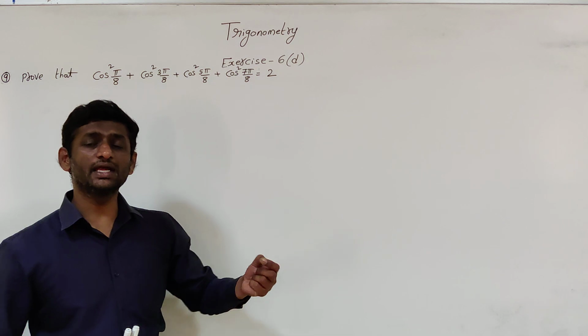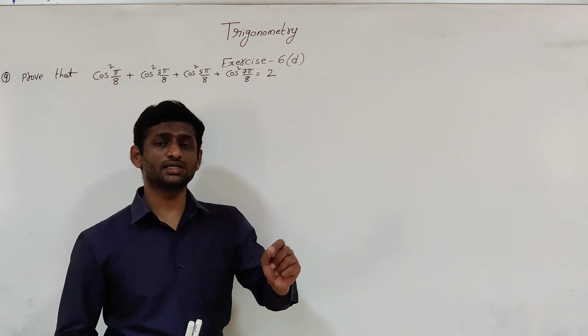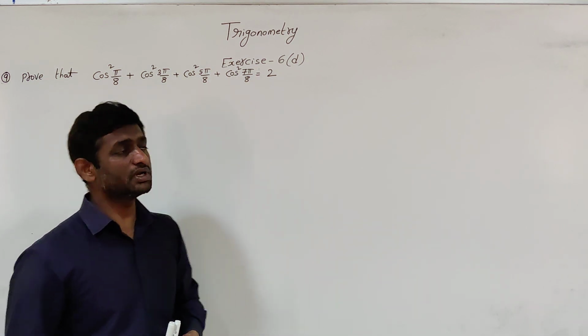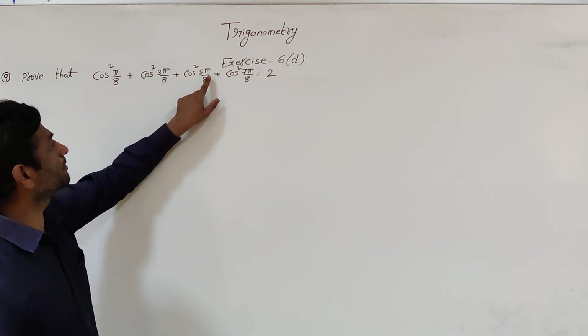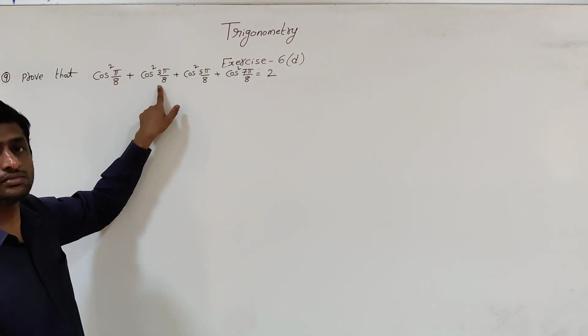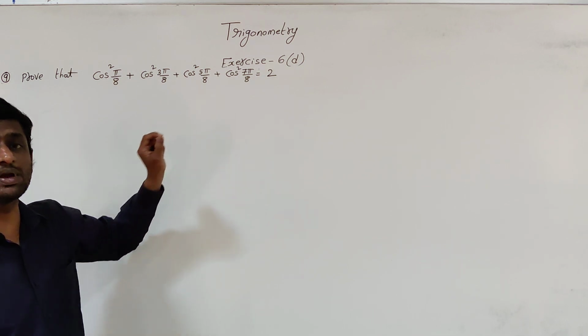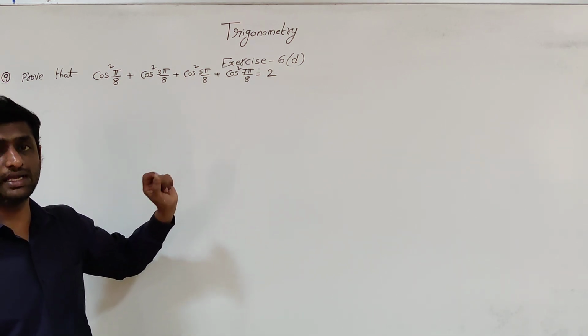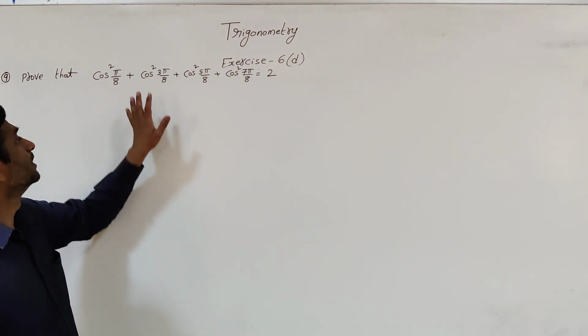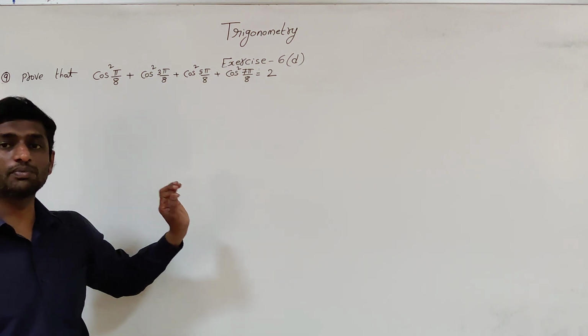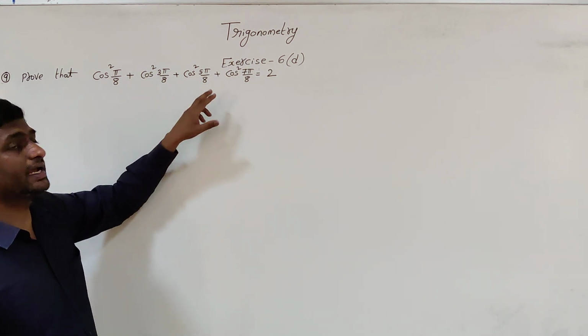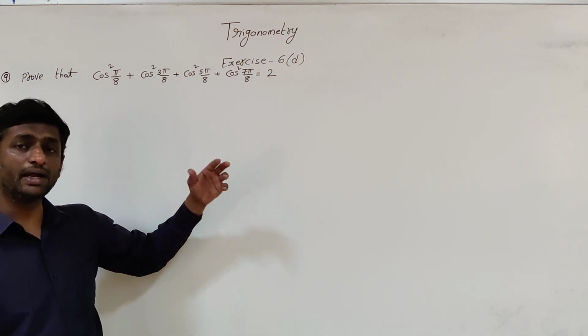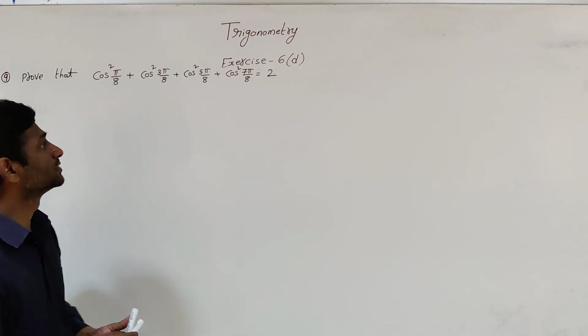Means one angle can be written as 180 minus the other angle. Similarly, if you observe 3 pi by 8 and 5 pi by 8, if you add these two, 3 pi by 8 plus 5 pi by 8 gives 8 pi by 8, that is pi. Again, 3 pi by 8 and 5 pi by 8 are supplementary angles. Means one angle can be written as 180 minus the other angle. So we'll see the proof.